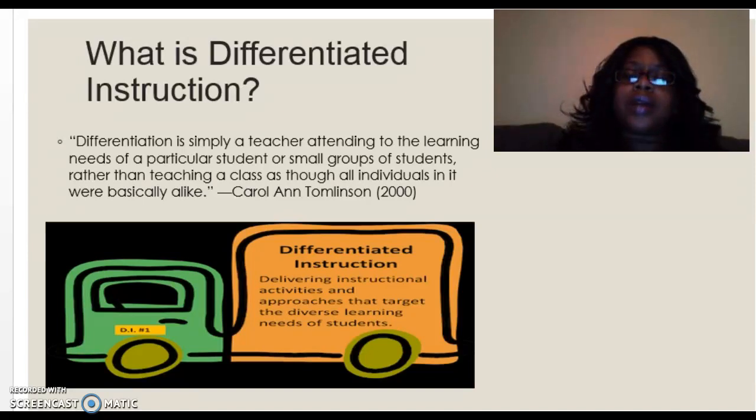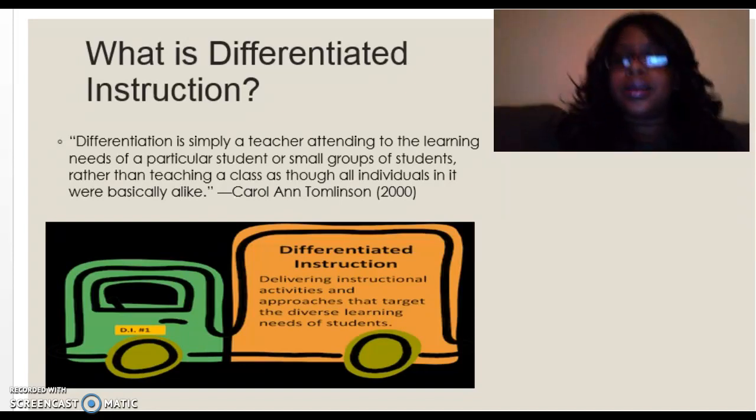It can also be described as delivering instruction, activities and approaches that target the diverse learning needs of students. So basically, it's the idea that one shoe doesn't fit all when you're teaching. You need to be flexible and differentiate your curriculum so that you can accommodate all learners.